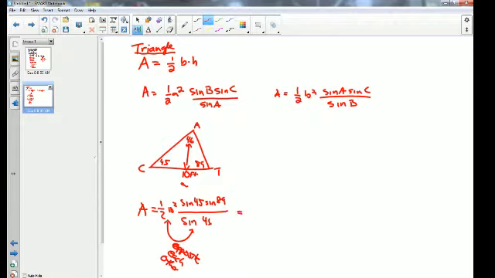What you got? I got 49.158. Are you in radians or degree mode?